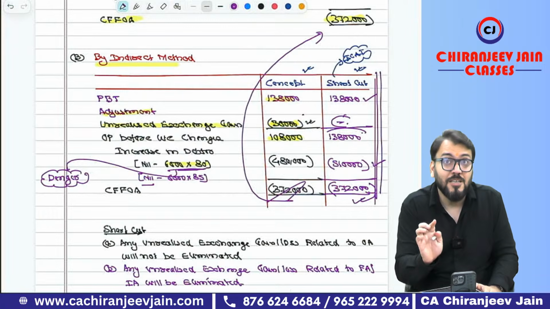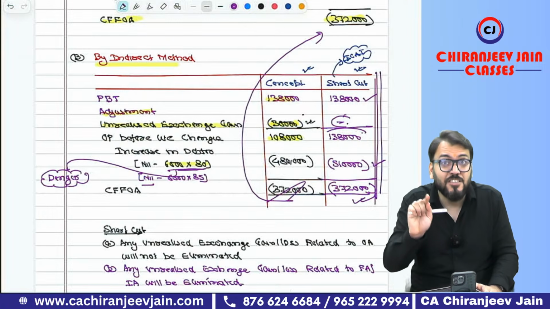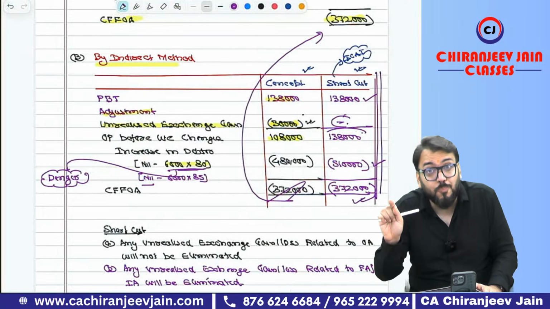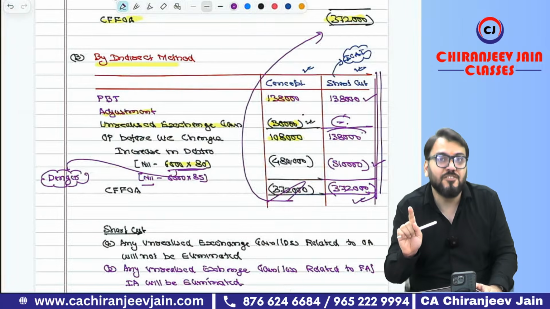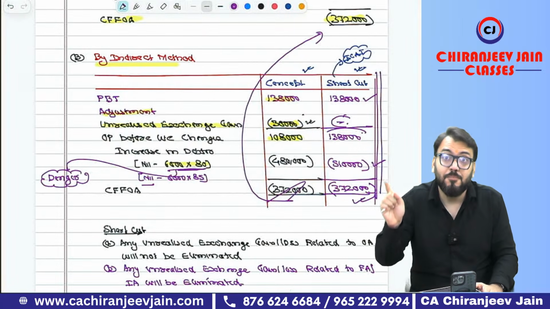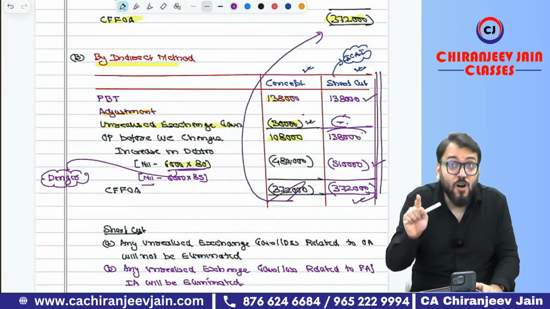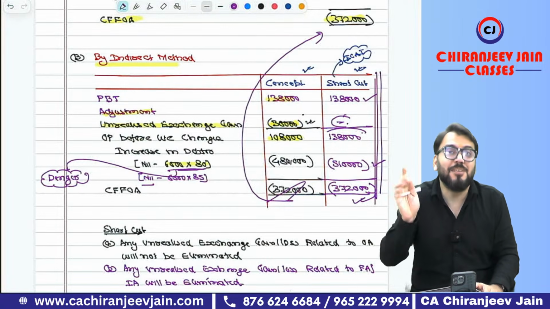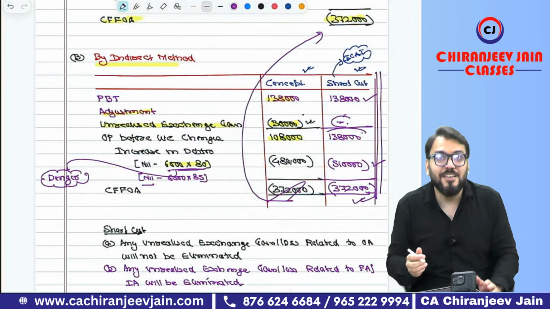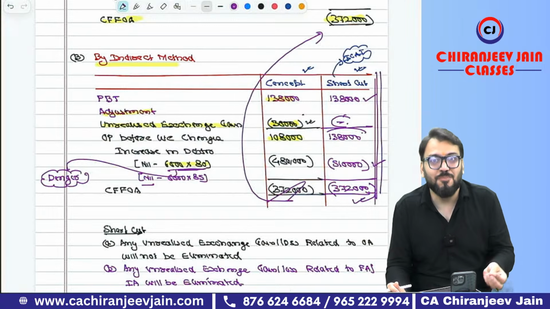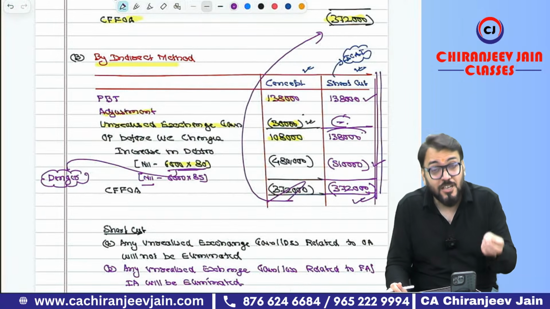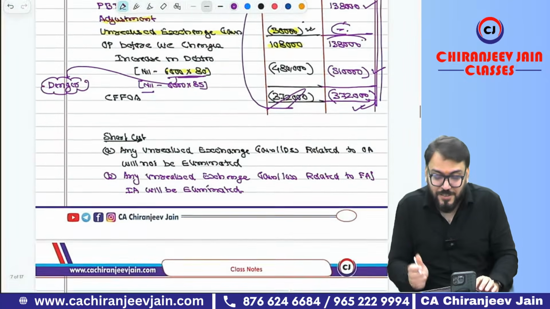But there is a rule. Unrealized exchange gain or loss related to operating activities will not be adjusted. But unrealized exchange gain or loss related to investing or financing activities will be eliminated. Of course, there can be some foreign currency borrowing, and in that case also there can be some unrealized exchange gain or loss that needs to be eliminated. So what is the rule?